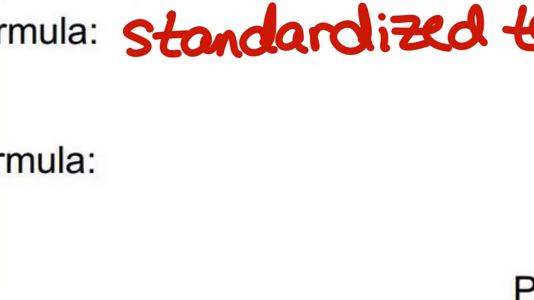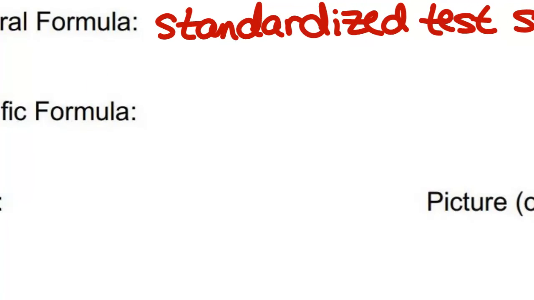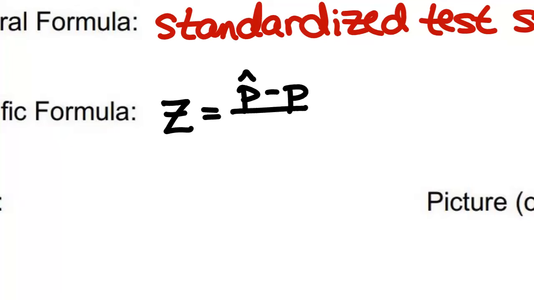You have to know what it is or how to find it. So if you don't want to write that whole thing out, you still need that big idea. So Z equals P hat minus P over the square root of P times 1 minus P divided by N. We use P, not P hat.